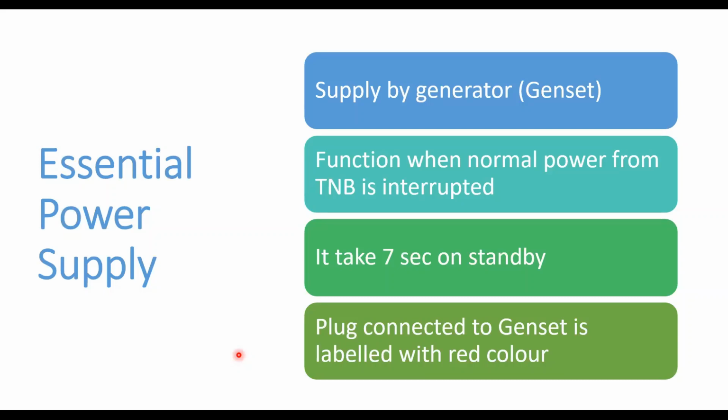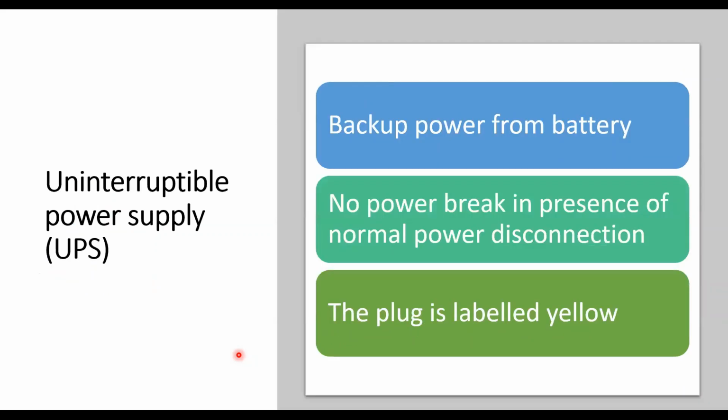Usually the plug from the genset is labeled with red color. Whereas power from UPS is from battery. There is no break of power in the absence of normal power supply, and the plug is usually labeled yellow.